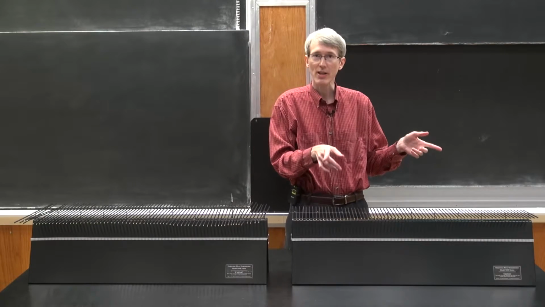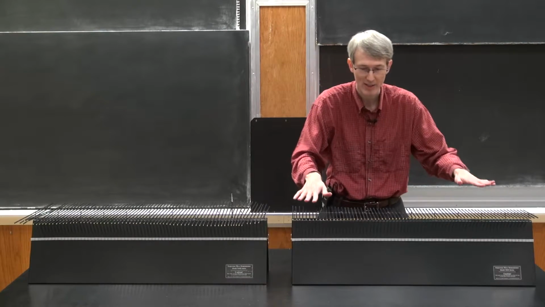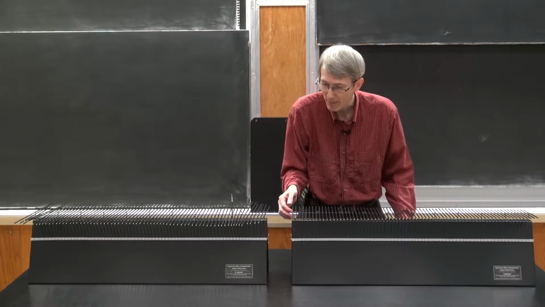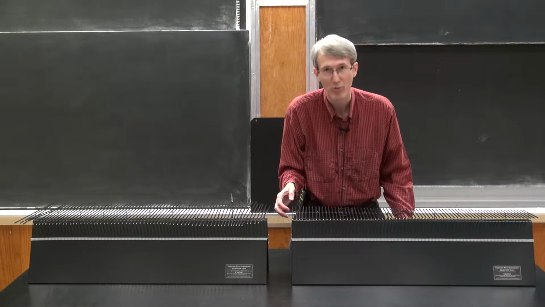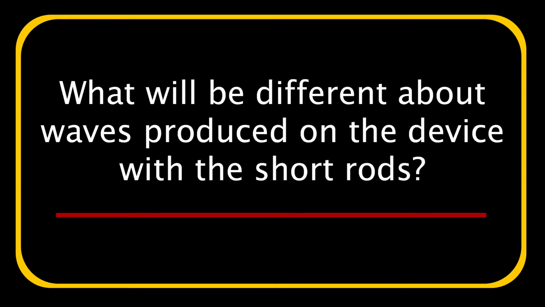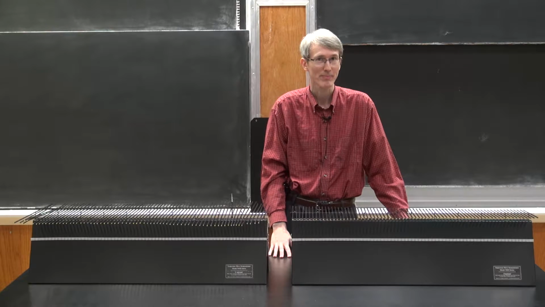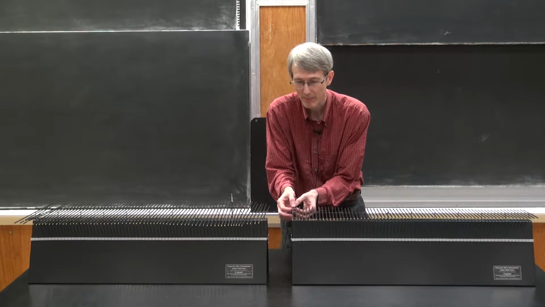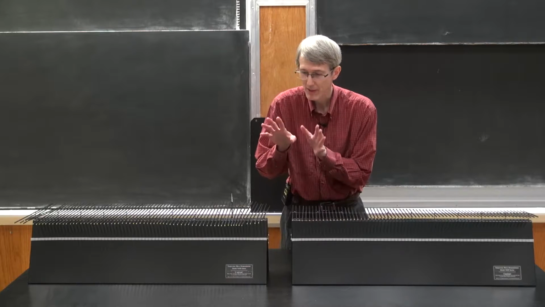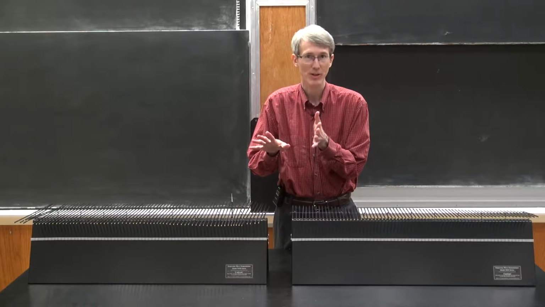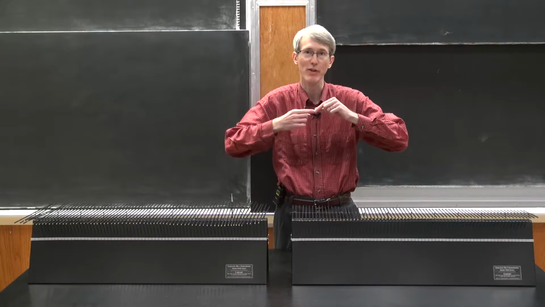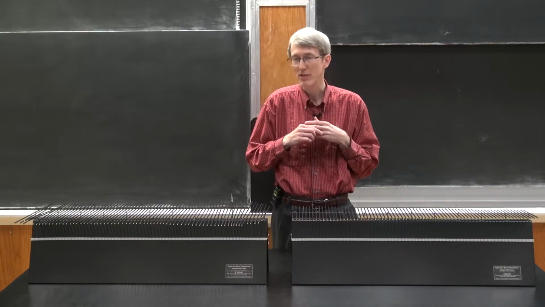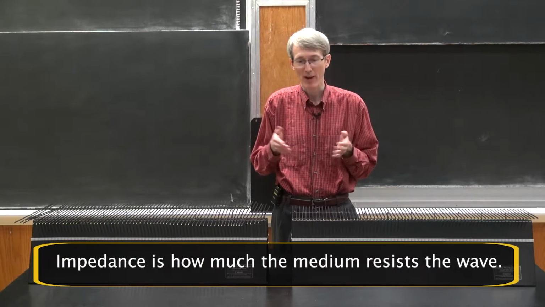So if we look over at this other device, this has the same wire in the middle, but it has shorter rods. So what do you think is going to be different about this wave machine? Exactly the same? No. It's going to be different. The way the spring and the mass, or in this case the torsional spring and the moment of inertia, combine gives us what's called the impedance of the wave medium.